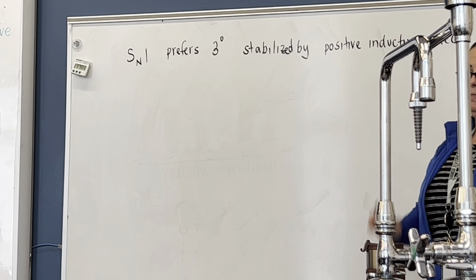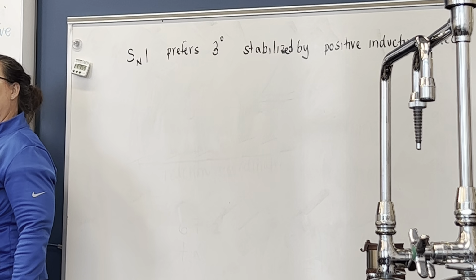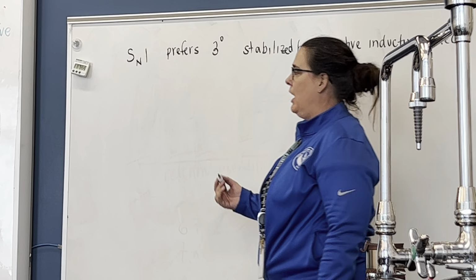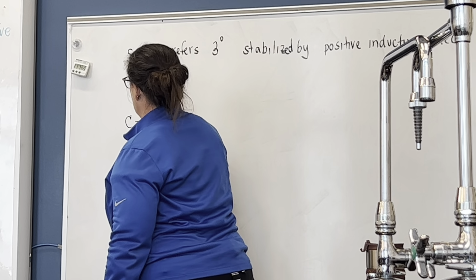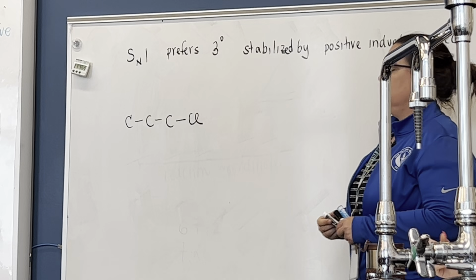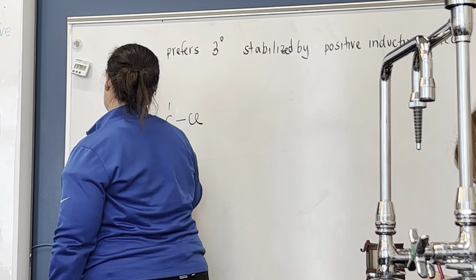Remember saying that? Still circled on the board. That guy, the positive. So let's try doing SN1 with something that's primary. Let's try chloropropane. Can you draw the SN1 mechanism for that?